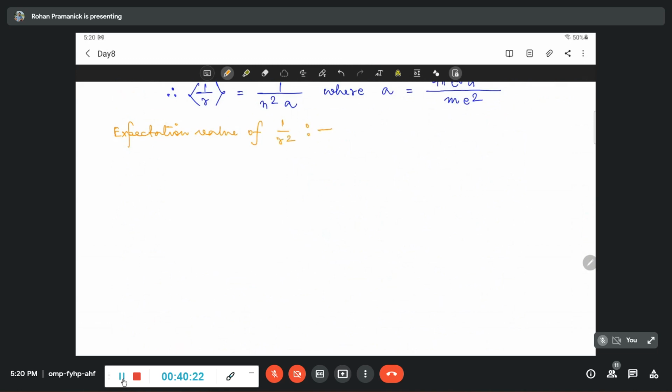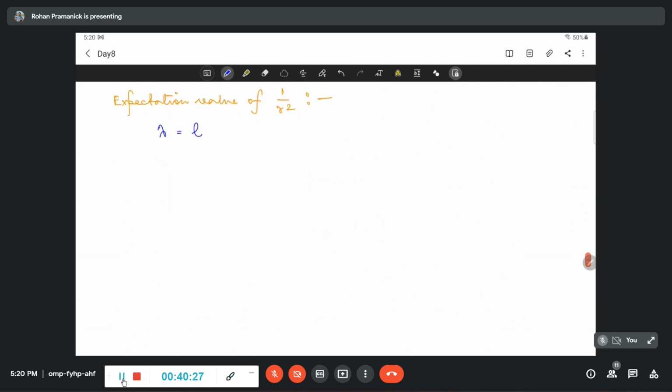One of you mentioned that we need to choose lambda equals L, and using this Feynman-Hellmann theorem, we know that the expectation value of del H by del L equals del En as a function of L by del L.